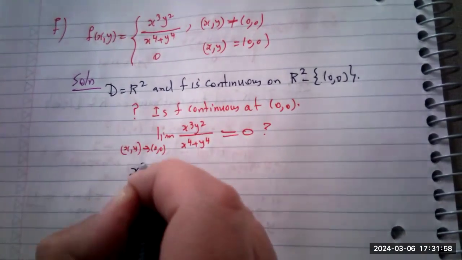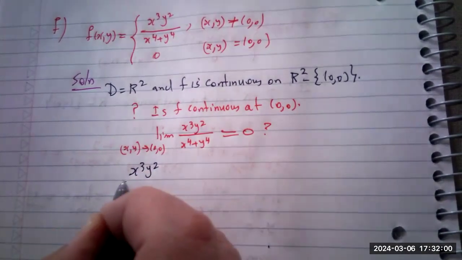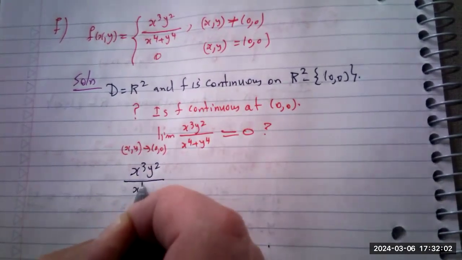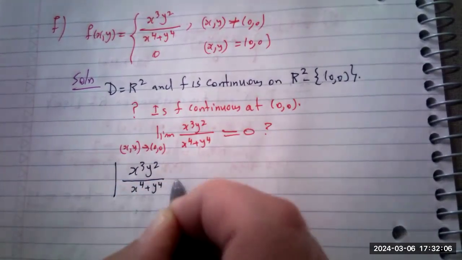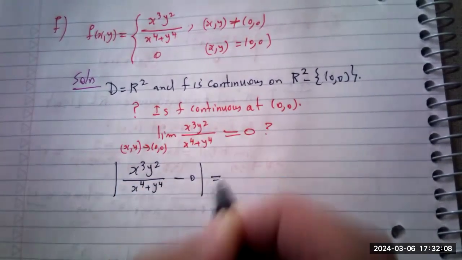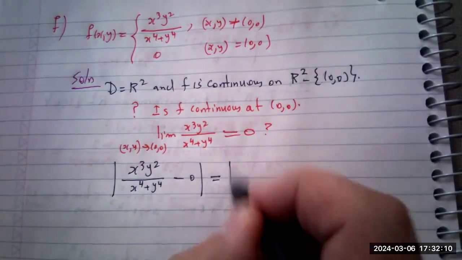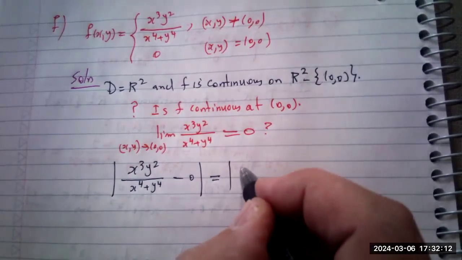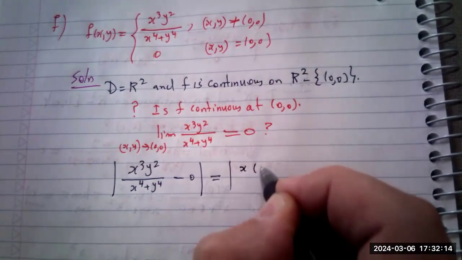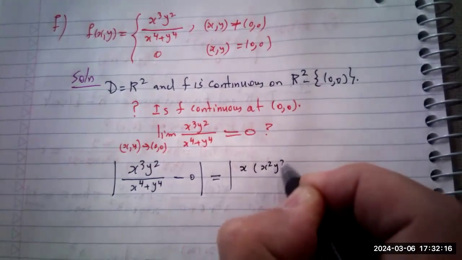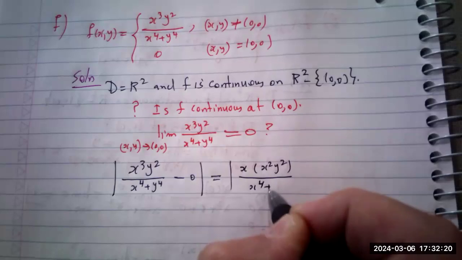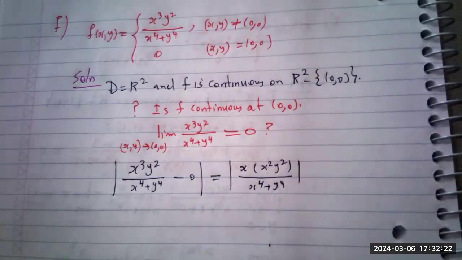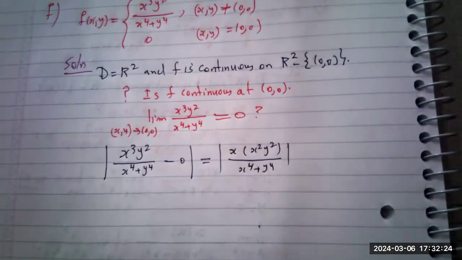Look at the absolute value of x cubed y squared over x to the 4th plus y to the 4th, minus 0. What we did was break the top into x times x squared y squared, over x to the 4th plus y to the 4th.